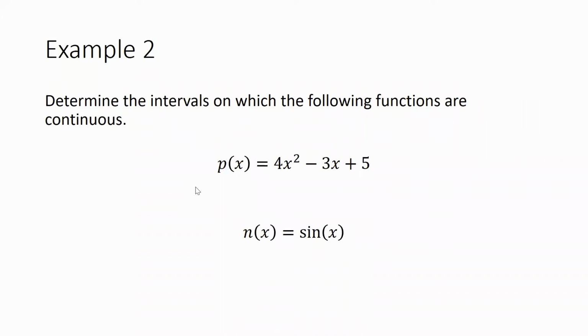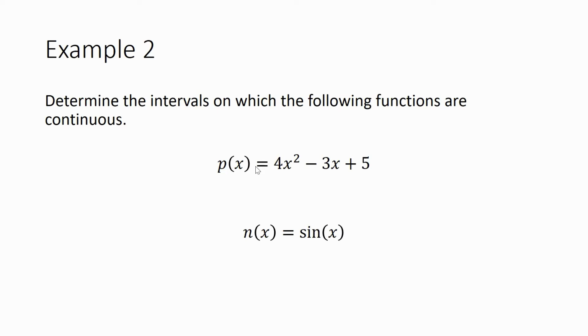So there's a lot of functions that are going to be continuous everywhere. In fact, if you recall from last section, in a previous video, we said that in order to find the limit of functions like p of x, specifically polynomials, I could have just plugged in whatever x value we're approaching.